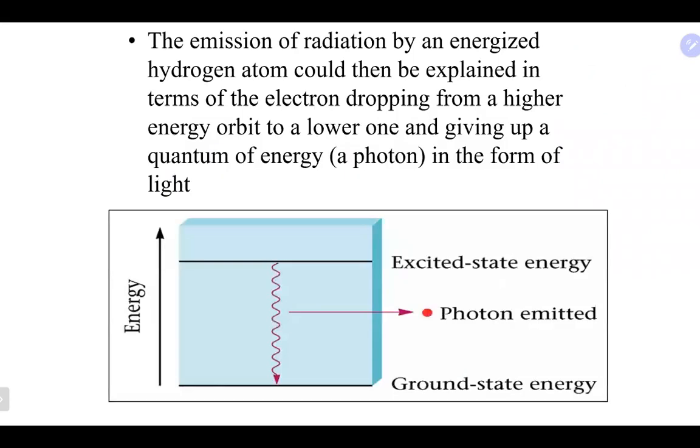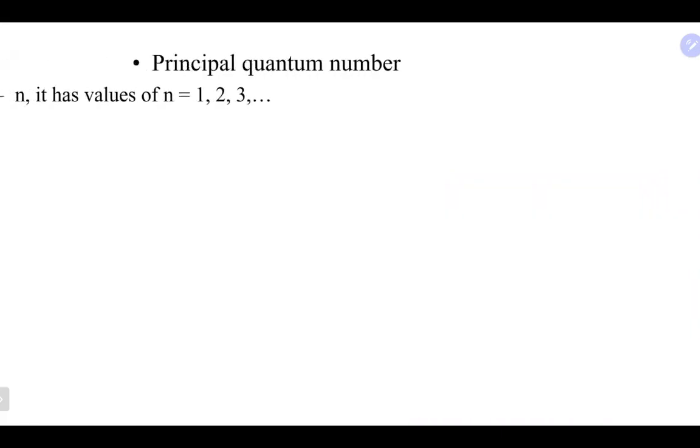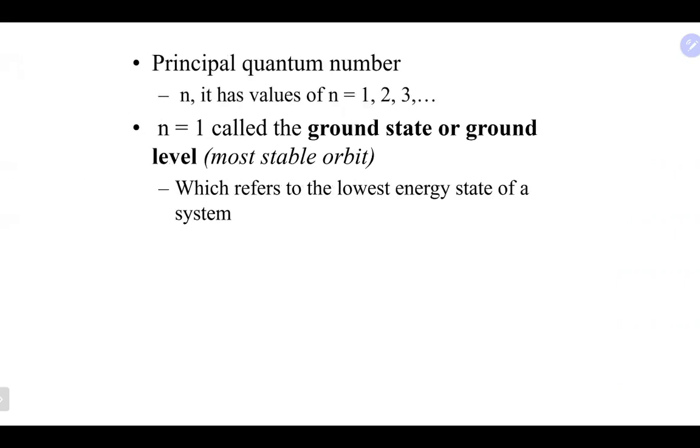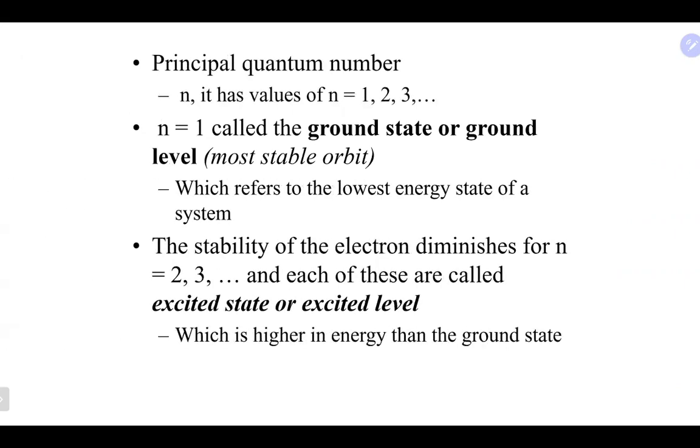Each of those lines results from electrons dropping from a higher energy level to a lower energy level. Speaking of energy levels, that is what is sometimes referred to as the quantum number, or the principal quantum number. It is the n number, and n is the principal quantum number.